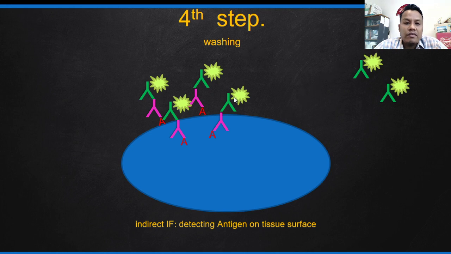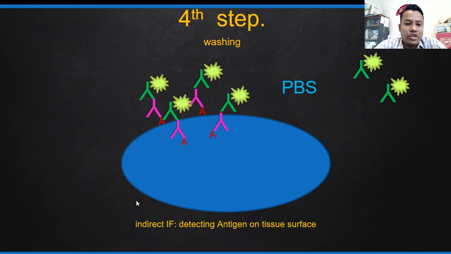Then comes the washing step for eliminating the unbound secondary antibody, because we want to eliminate the possibility of false positive. We need the result to be coming from the area that contains the antigen.